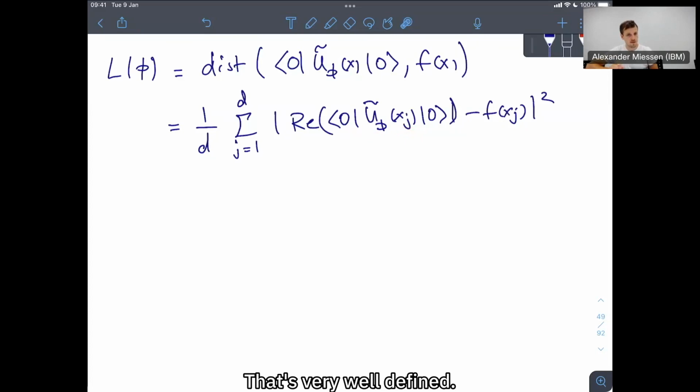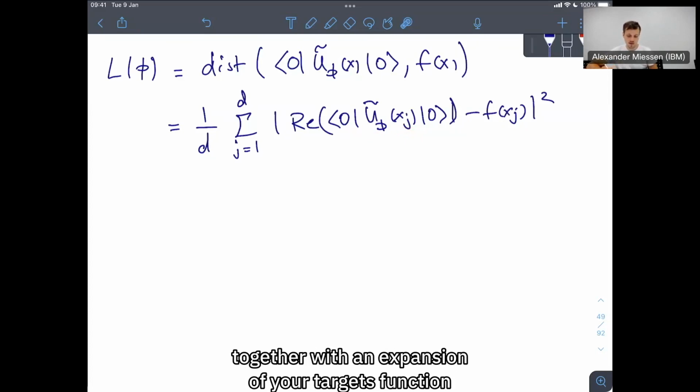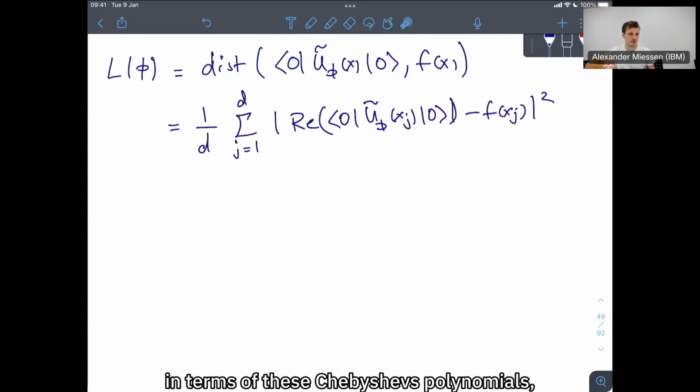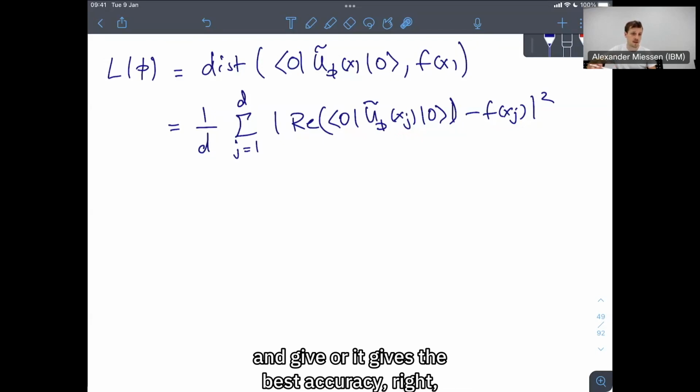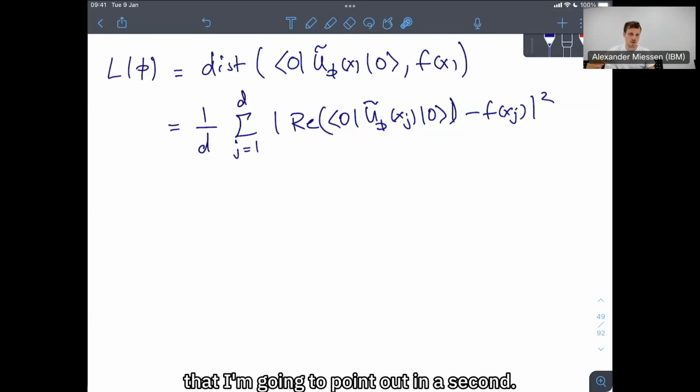Okay, that's very well defined, and it turns out that if you construct it like this, together with an expansion of your target function in terms of these Chebyshev polynomials, then this optimization converges best and gives the best accuracy, right, and stability, which you can also read up on in this reference that I'm going to point out in a second.